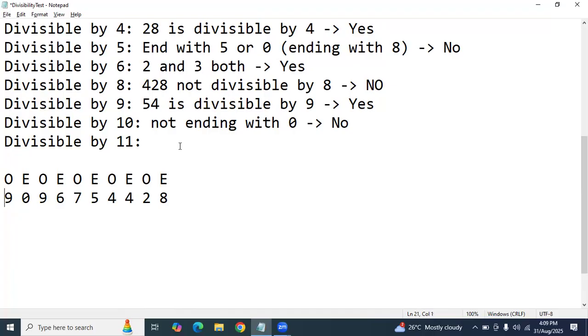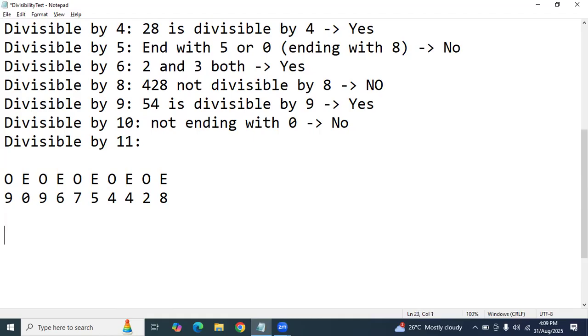We should write O or E above each digit based on that. We are talking about place, not a number. You might see that we have 4 here, but we got odd here. But odd is because of the first, third, fifth, and seventh position, not because of this 4. So we have just written odd or even place.